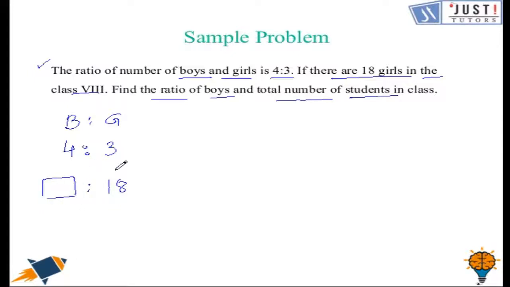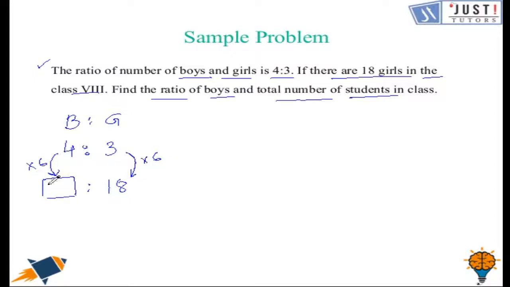Always remember that ratios work in an increasing factor or decreasing factor, like multiply or divide. So as we know that numbers are increasing, number of girls from 3 to 18, it will multiply by 6, and whatever the operation we apply one side, it will be applied on the other side as well. So multiply by 6. 3 times 6 is 18, that is why we got 6.